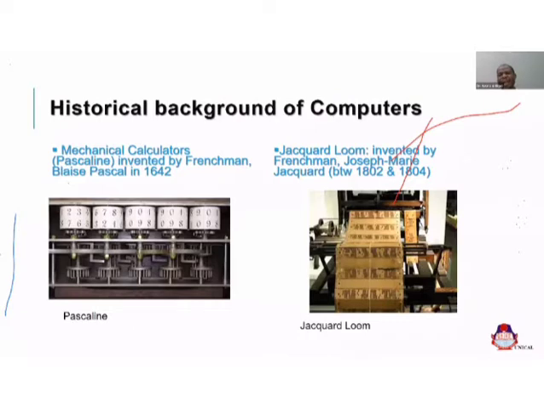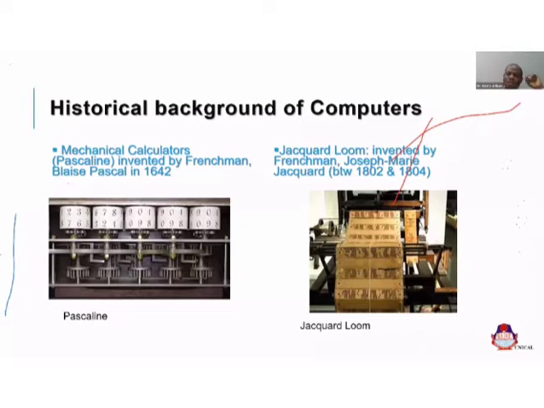Then after some time, a man called Gottfried Leibniz enhanced this machine to do addition, multiplication and division. So the Pascaline in an enhanced form could achieve division through repeated subtraction, and multiplication through repeated addition.